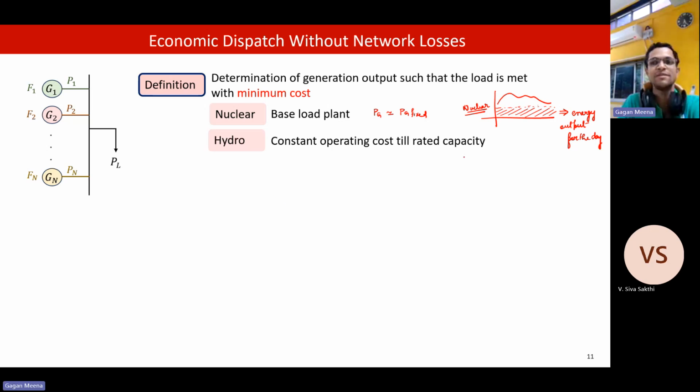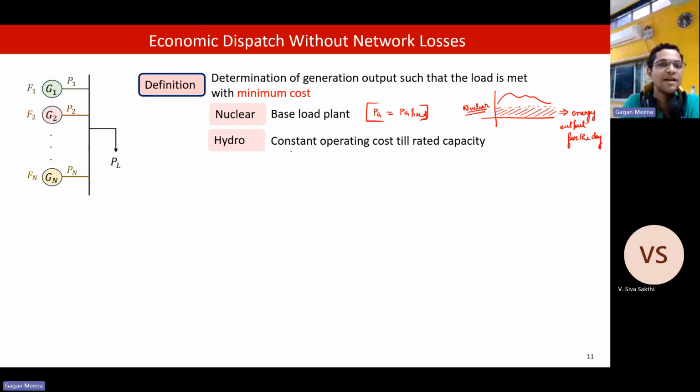And above them, this part will be served by other generators like thermal, hydro, gas, and others. In nuclear, generation is fixed. If generation is fixed, then in optimization, if we include a constant term, the operational cost is also fixed and will have no effect.